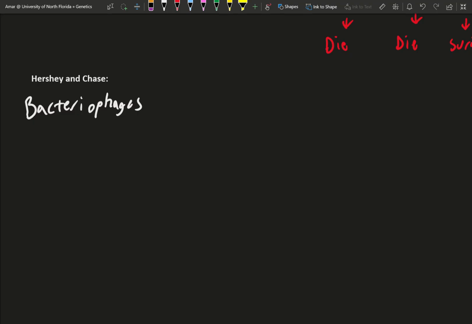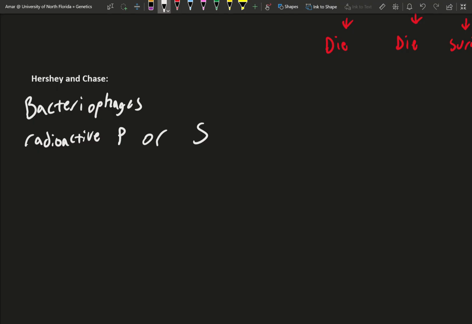So the way they could do this is by adding a radioactive isotope. So they would use a radioactive isotope, either phosphorus or sulfur.